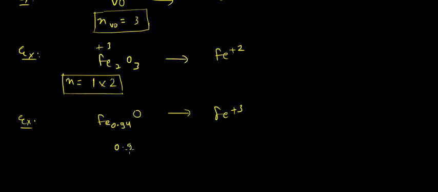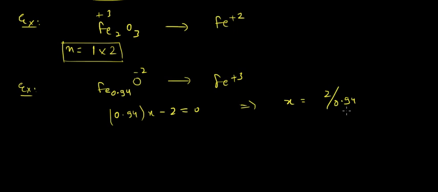We have 0.94 times X minus 2, the oxidation state of oxygen, and the overall compound should be neutral. So X is 2 upon 0.94. This is the oxidation state of Fe, +2 upon 0.94.